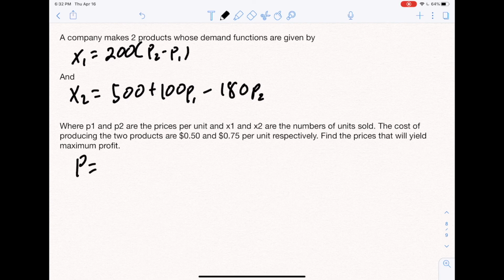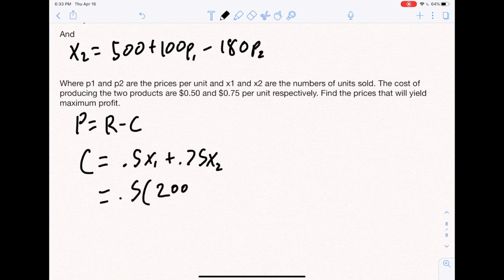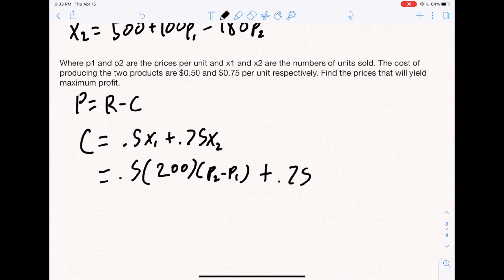Let's remember that profit is just revenue minus cost. So let's figure out the revenue function and the cost function and put that all together. The cost function here is going to be 0.5 times x1 plus 0.75 times x2, which is equal to 0.5 times 200 times (p2 minus p1), and that's just from the function up here, plus 0.75 times x2, which is 500 plus 100 p1 minus 180 p2.